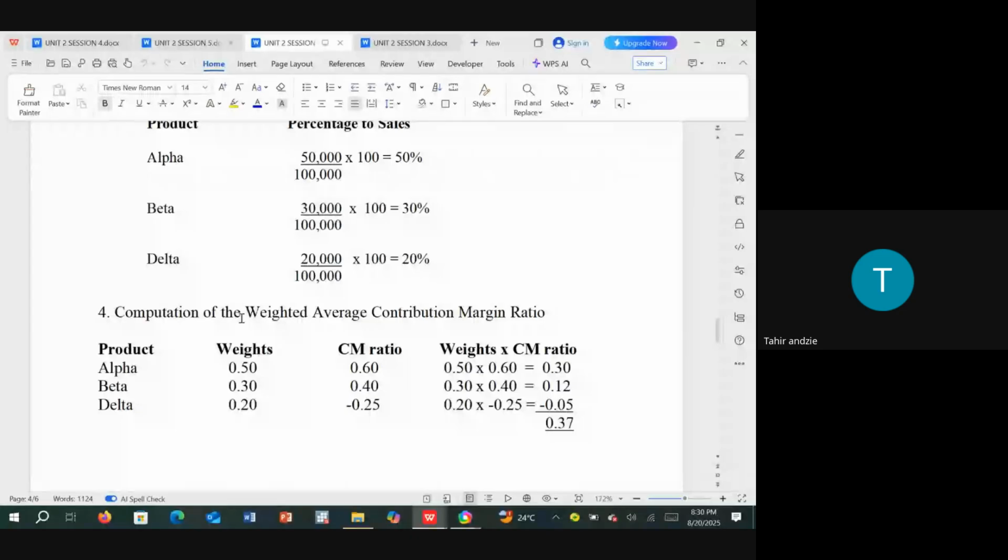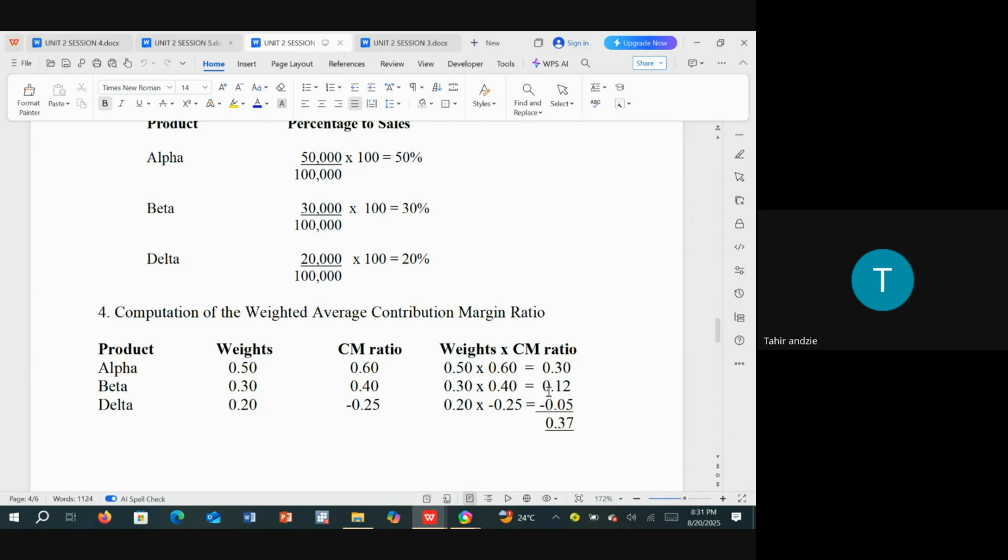So having gotten this, the fourth step is to calculate the weighted average contribution margin ratio. How do we do that? We multiply the weight of each of the three products by the contribution margin ratio, and then we sum them. So this is the weight for each of the products: 50, 30, 20. This is the contribution margin ratio. This one is a negative one. So you multiply that, and this one is 0.3, because 0.5 times 0.6 gives you 0.3.